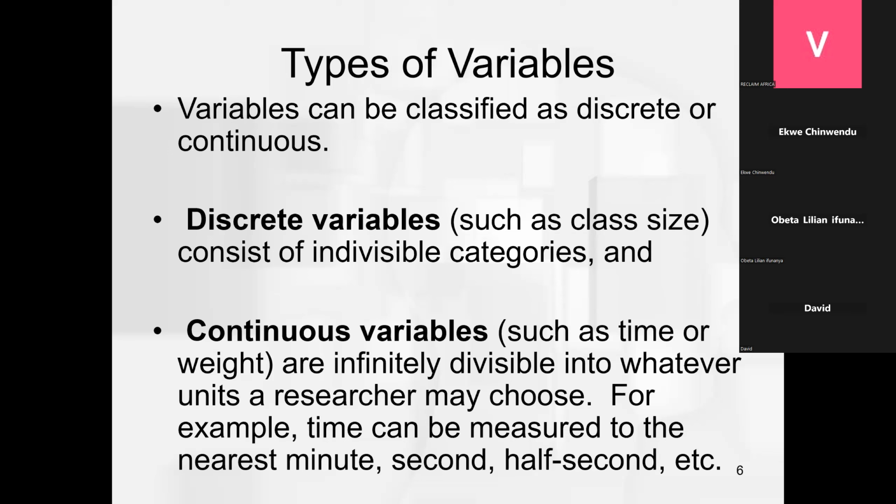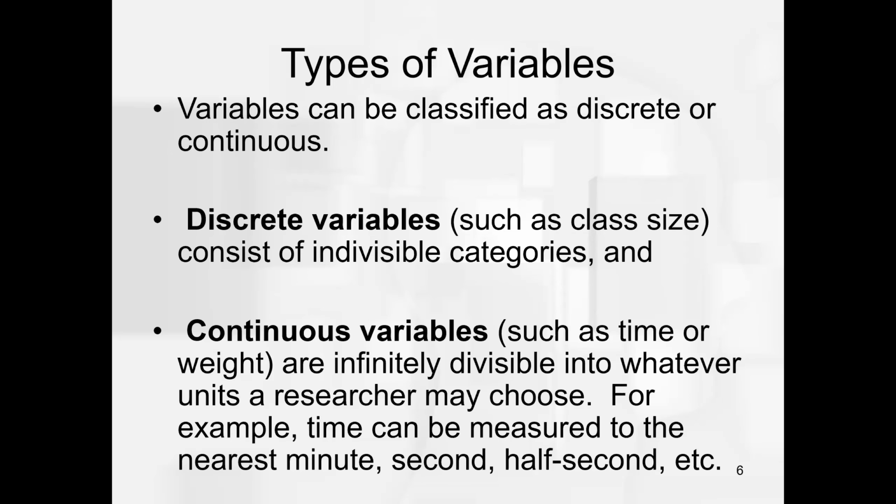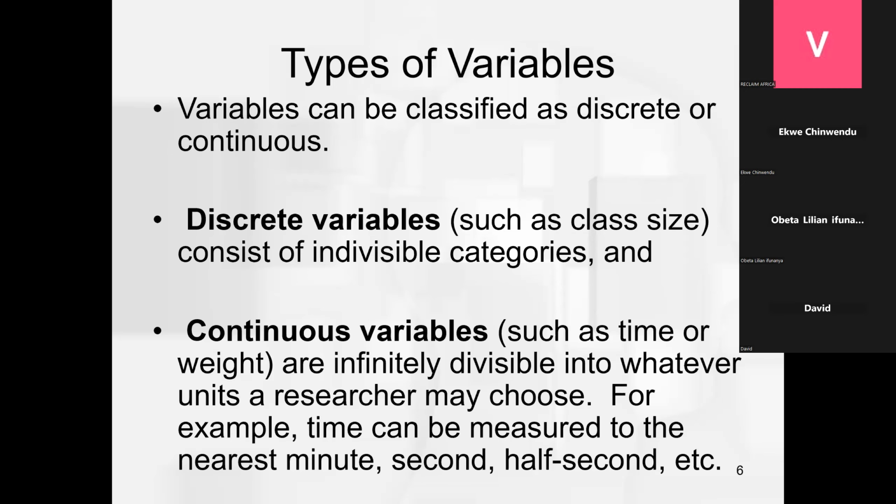How many of you are in the class? You can say 10, 15. But you cannot have 4.5. You cannot have 4.1. You cannot have 7.2. So when you have a type of variable that comes in discrete value, we refer to such variables as discrete variables. Your class size is a discrete number.